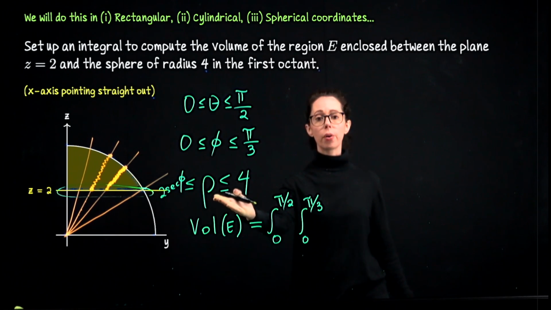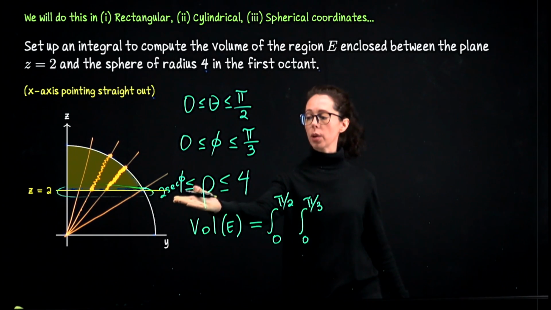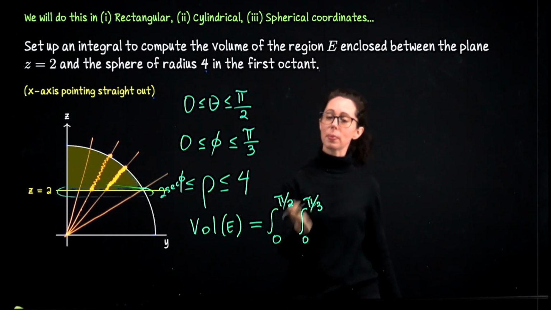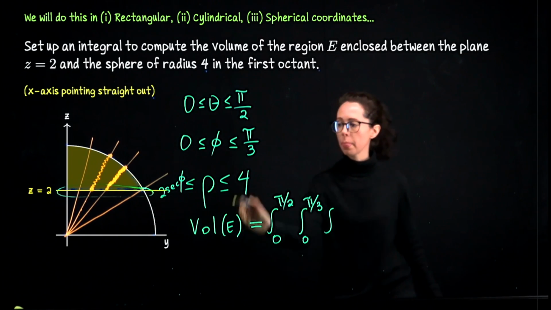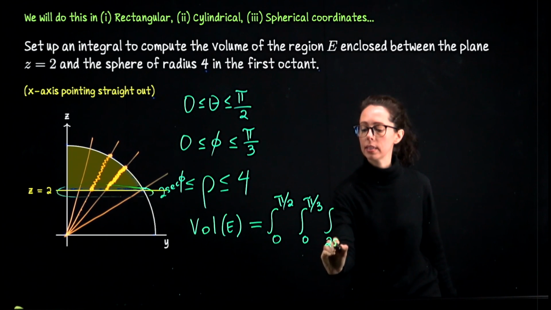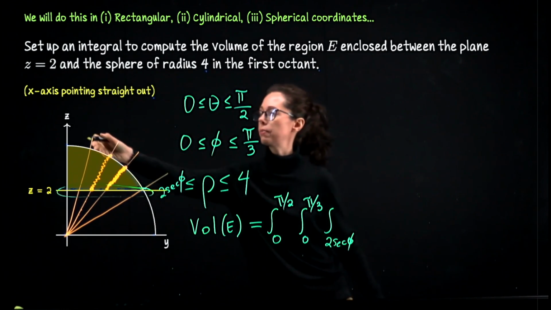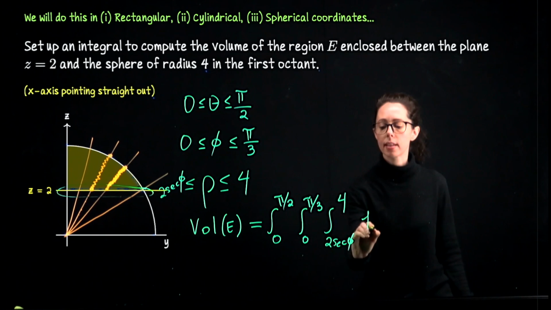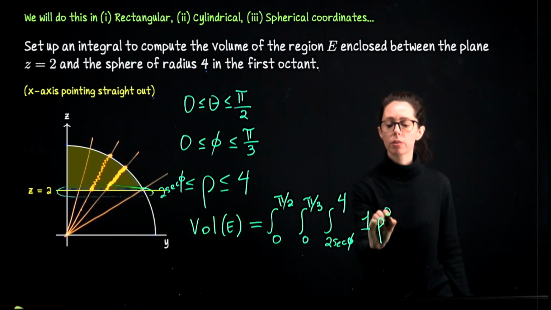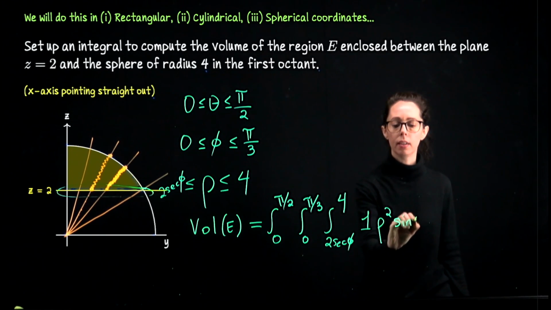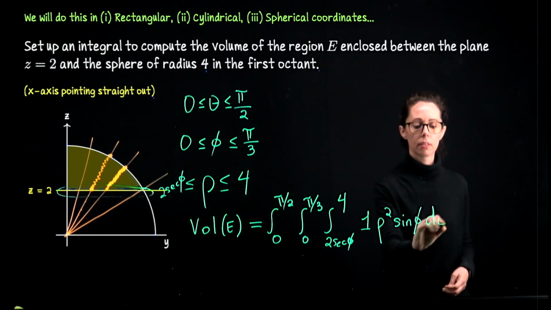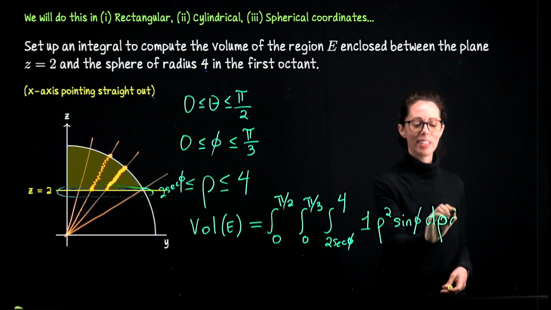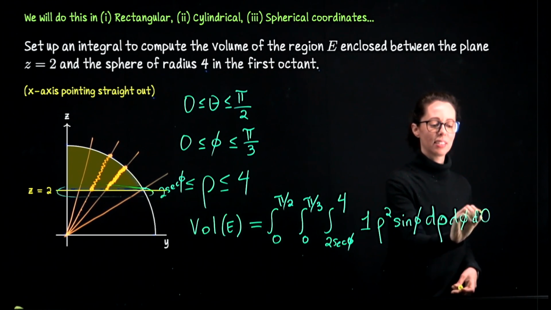And then since rho depends for its lower bound on a function of phi, that must be inside relative to the rho bounds, so it makes sense to have it as the innermost integral here. It will go from 2 secant phi out to that constant value of 4. It's going to be the integral of rho squared sine phi d rho d phi d theta.